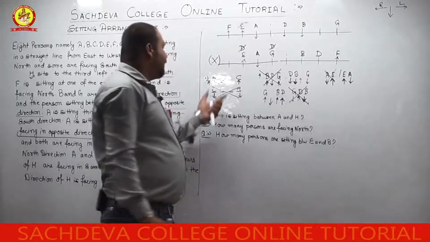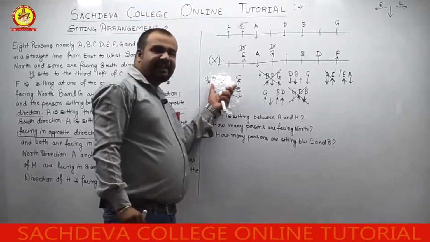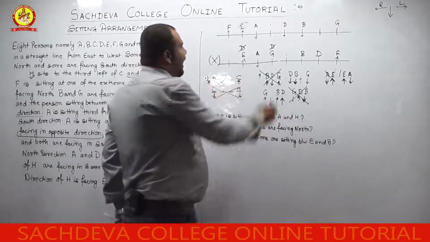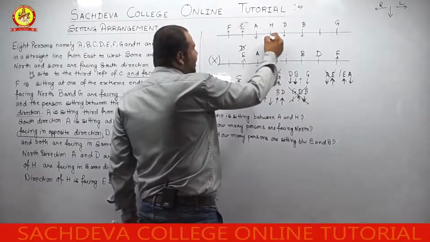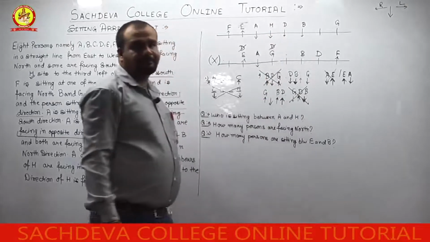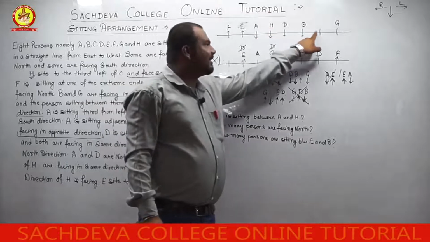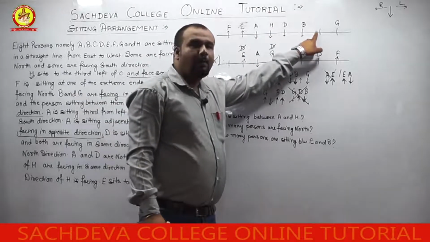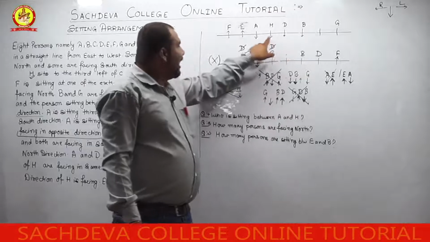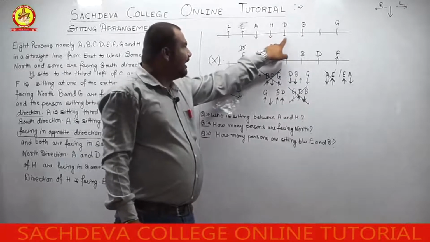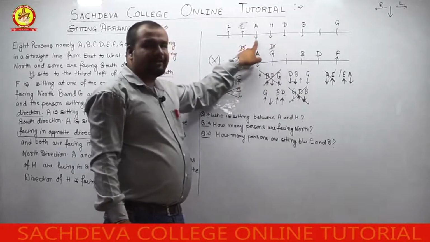Now, if we seat H and C, what will happen? H will sit on this side because of H space C, and H is also facing south. This is not a valid assumption because H is facing south, D is facing south and A is also facing south.